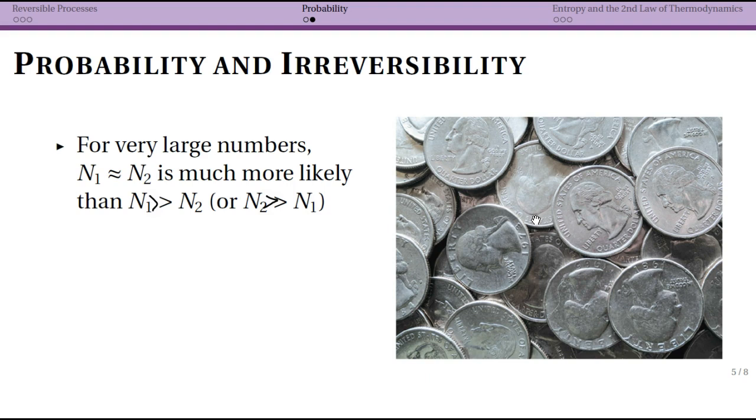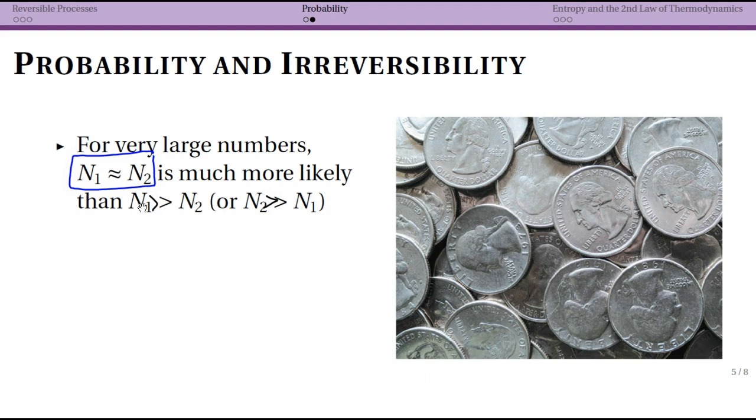I can't do the probability off the top of my head, but you would expect, if you had 1,000 quarters and just toss them all up in the air, that about half would end up heads and about half would end up tails, right? That is this condition, that n1 is about equal to n2 because you have about half heads and half tails. If you had almost all heads, you would be really surprised.